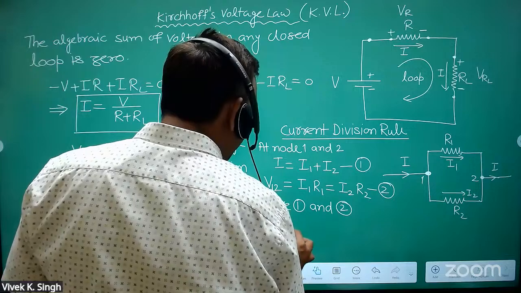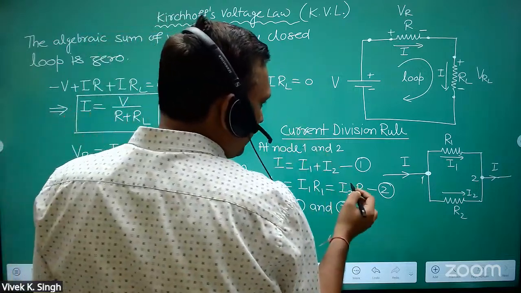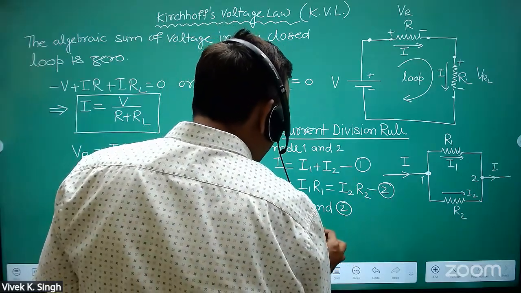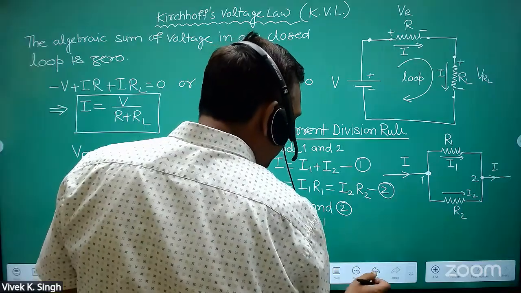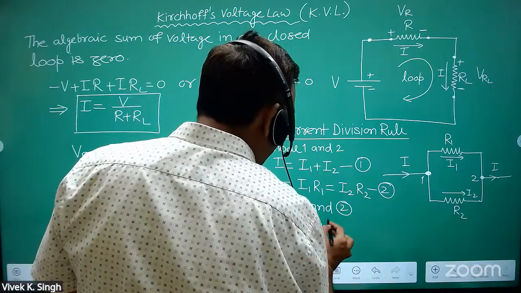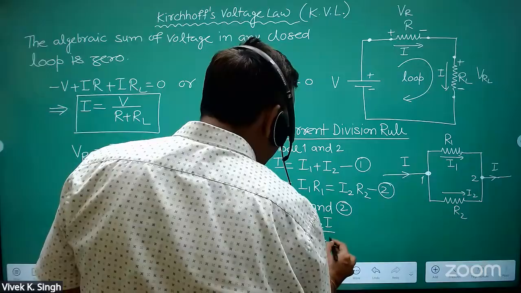So what will be I1 and I2? I1 will be, if you solve it, you will get R2 into I by R1 plus R2. Please check this.